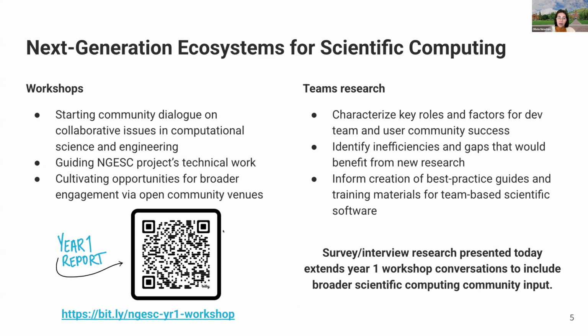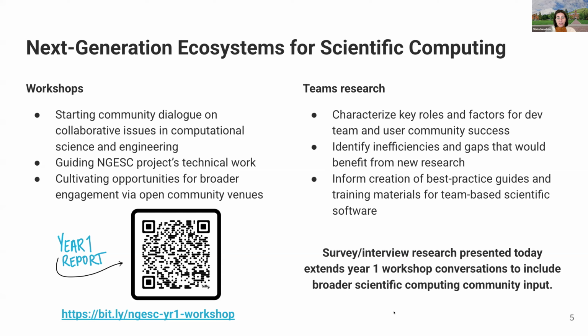The second thrust here is our team's research, which aims to characterize the key roles and factors that contribute to the success of scientific software development teams. And that's in addition to the communities that support and rely on scientific software.